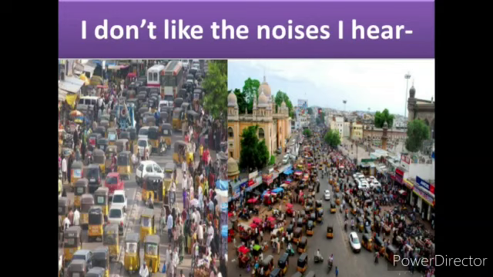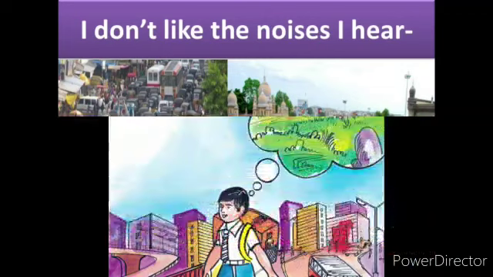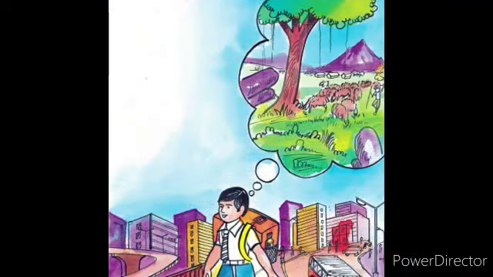Yes, you are right. It is from the vehicles and also from the factories. The child does not like all these, but wishes to have woods near his house instead. It means he wants calmness, peace, greenery, and so on.